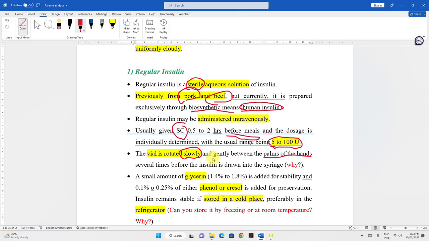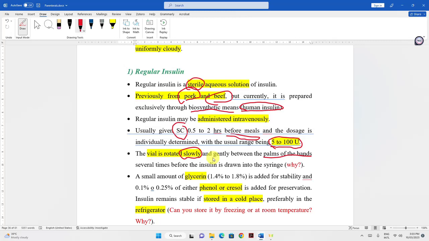Now the question is, why don't you just hold the vial and shake it? Why do you need to put it between the palms of your hands? One of the reasons is that we want to prevent the formation of froth bubbles, which will affect the measurement of the required volume of insulin.